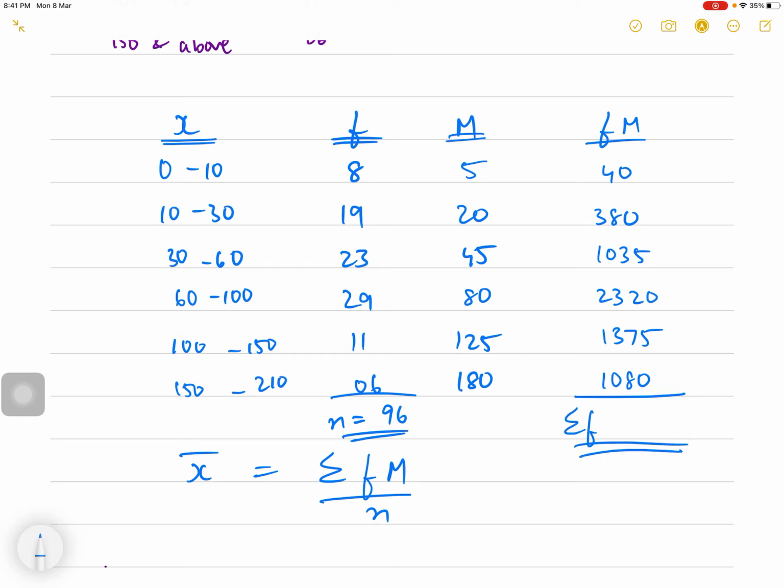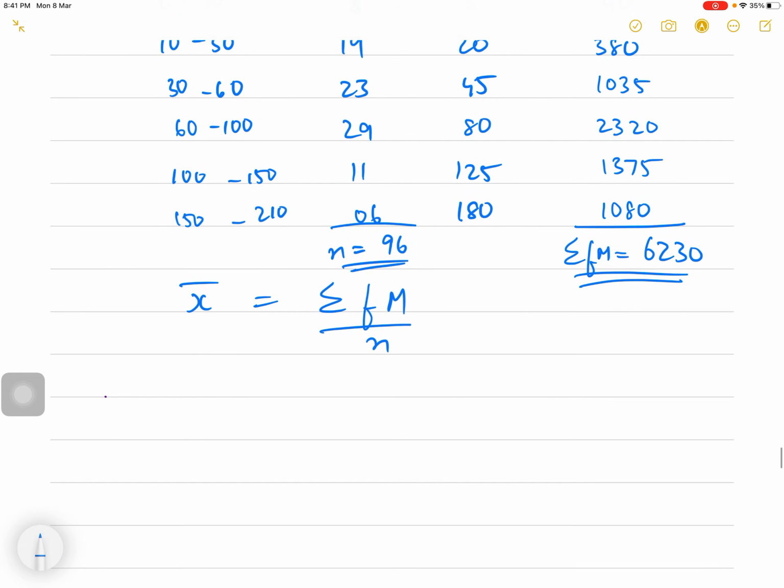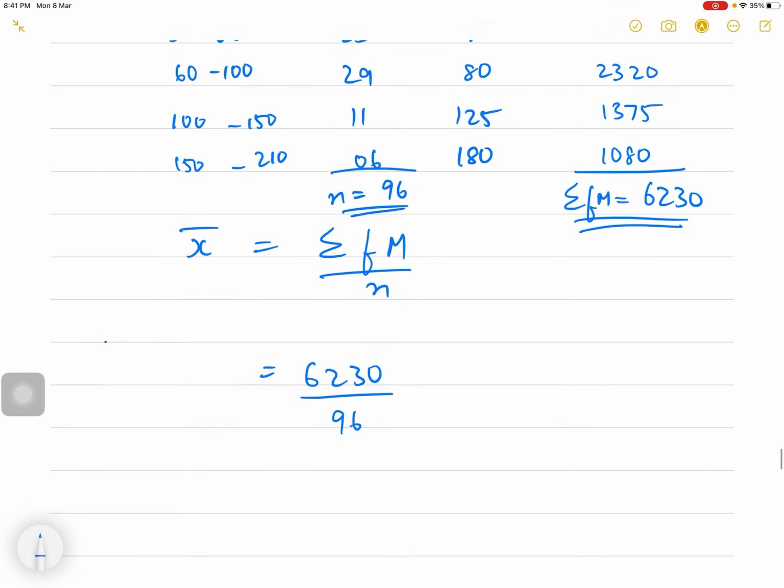When you total this, that is summation fm, it will be 6230. So x bar is equal to 6230 divided by 96. And when you calculate this, you get 64.90.